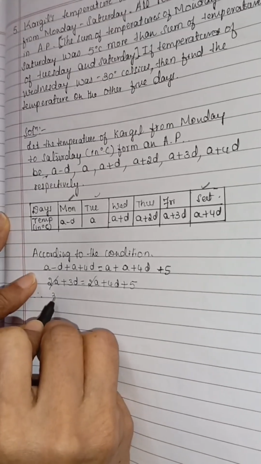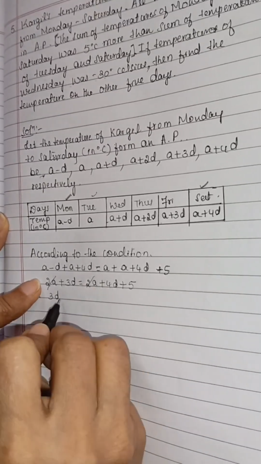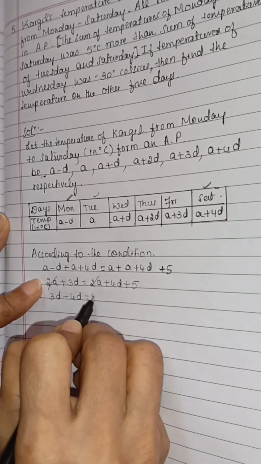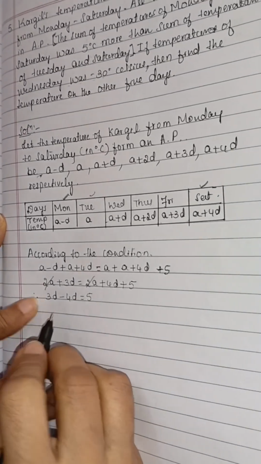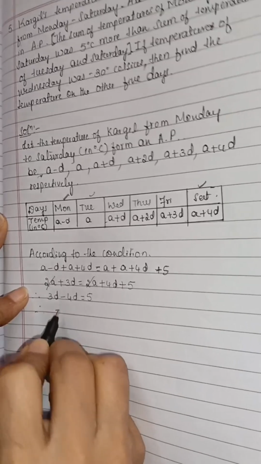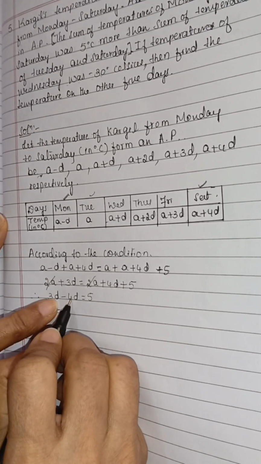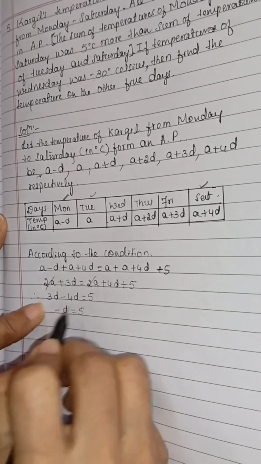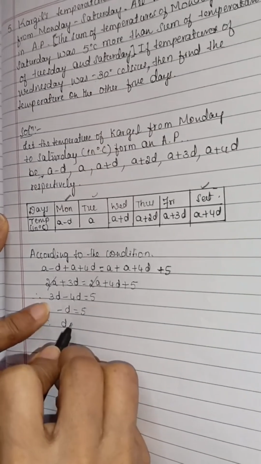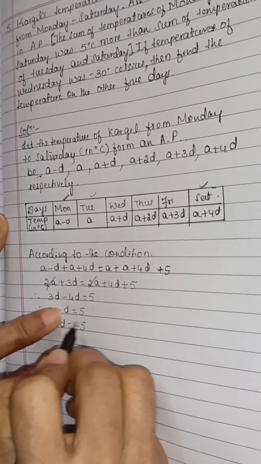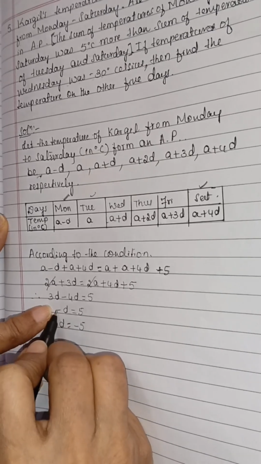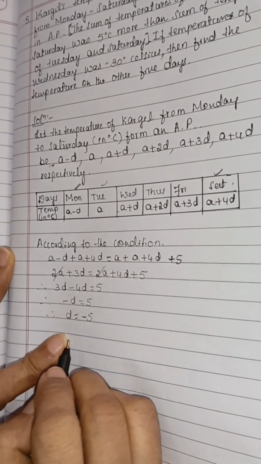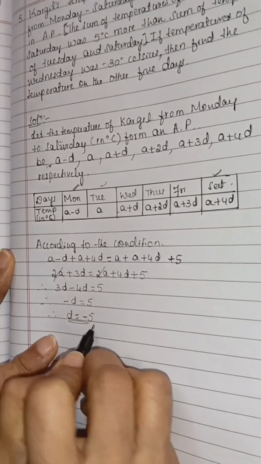Therefore 3D, bring 4D to this side, minus 4D equal to 5. 3D minus 4D is minus D, no? Minus D equal to 5. Therefore D is minus 5. The minus comes to this side, becomes minus 5. Okay, D is minus 5.